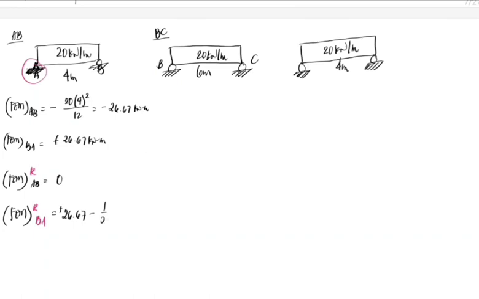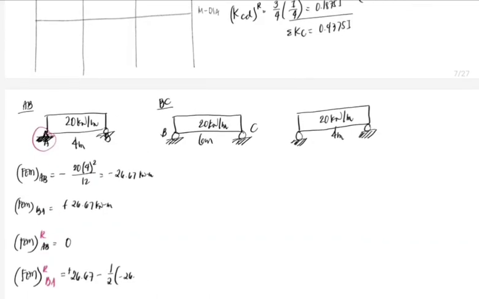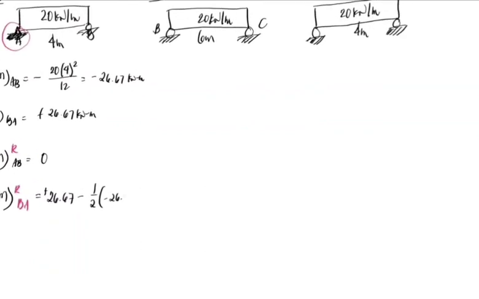I-minus mo po yung 1/2 ng ating negative 26.67. Okay, therefore, our new fixed end moment reverse of BA is equivalent to 40 kilonewton meter.